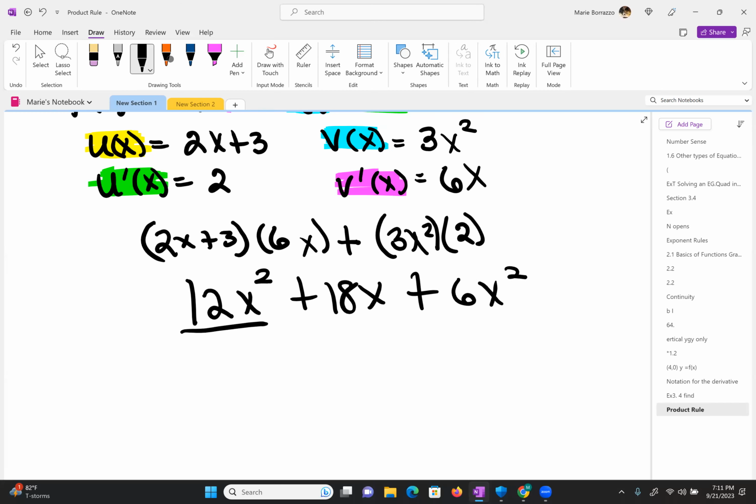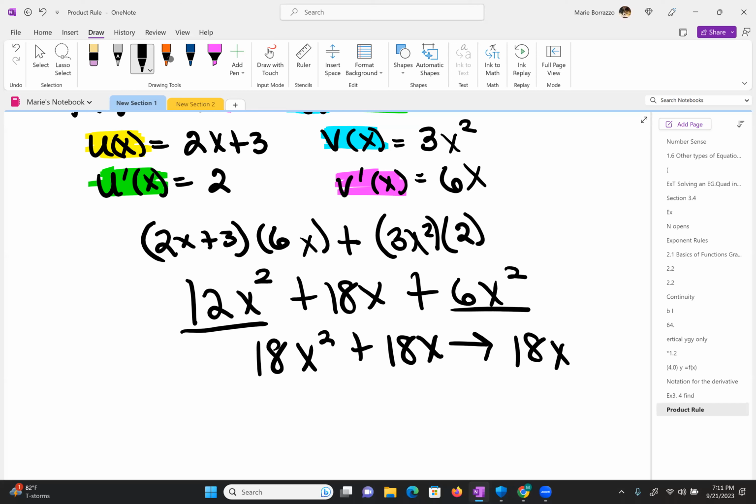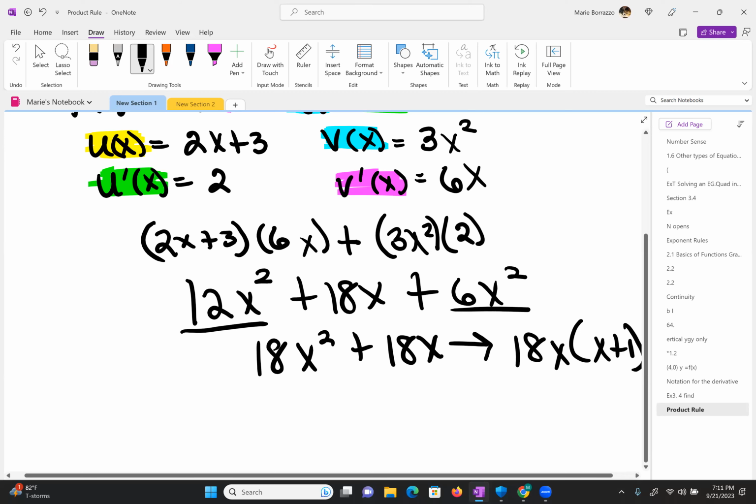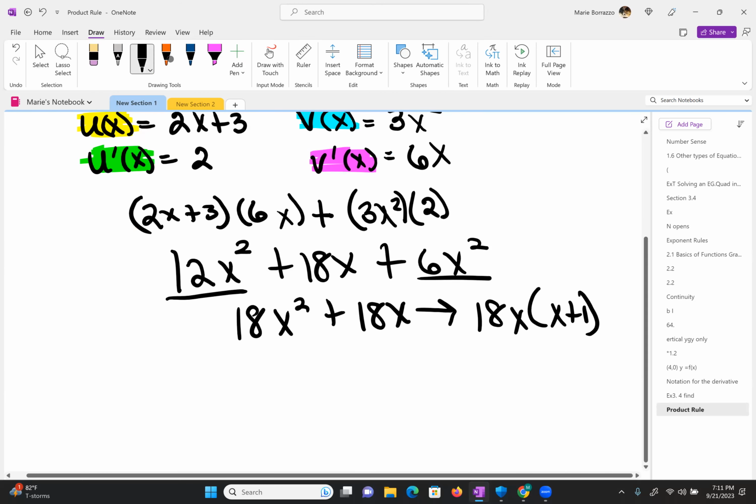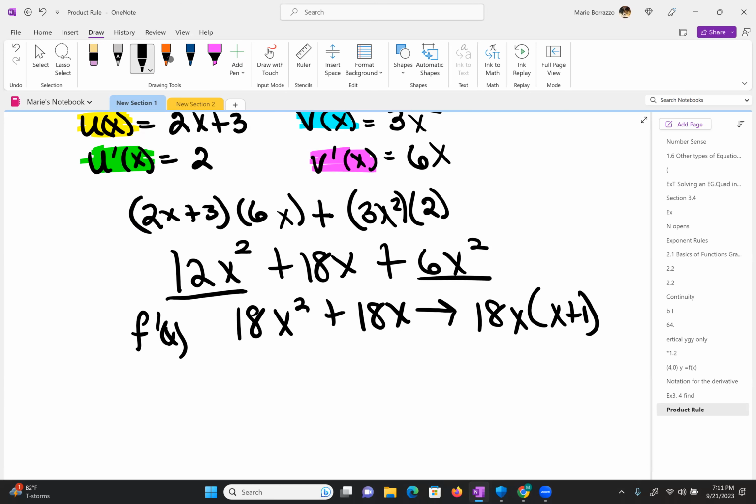If you add like terms, you notice you get 18x squared plus 18x. And this reduces further, because if I take out 18x, this will simply be x plus 1 in here. And that is your first derivative. This is the first derivative of the function, just using that simple method.